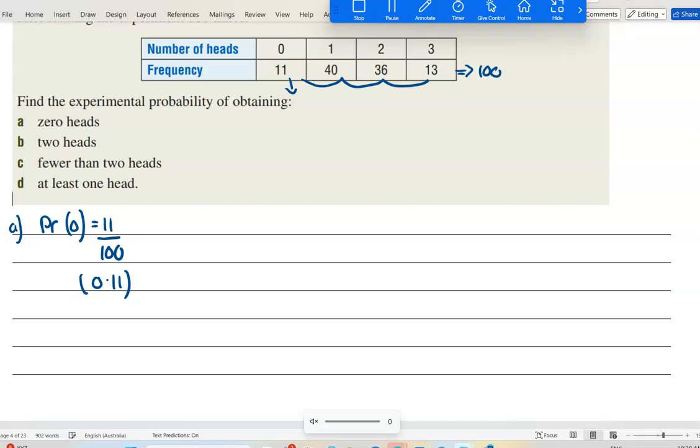If we do the probability of B, getting 2 heads, here if we look at 2, we've got 36 out of 100.